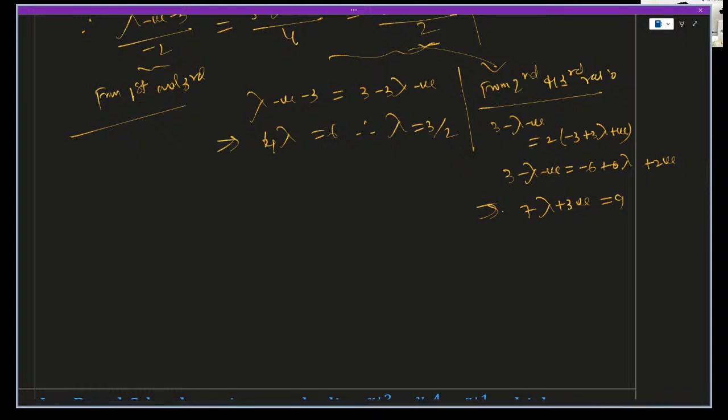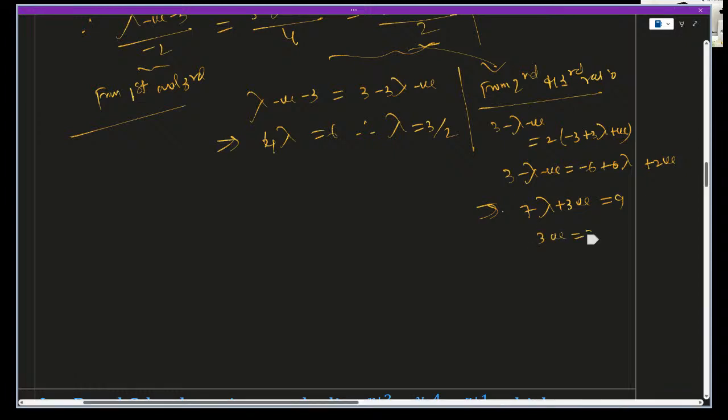Put lambda equal to 3 by 2. So mu equals (9 minus 7 into 3 by 2) divided by 3. The result is going to be minus half. Okay? Lambda and mu we got.